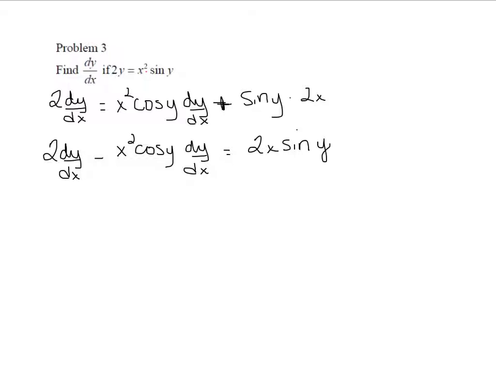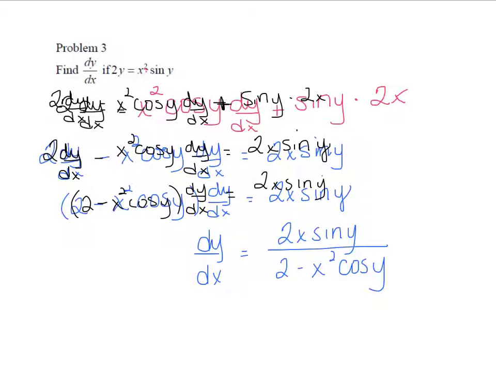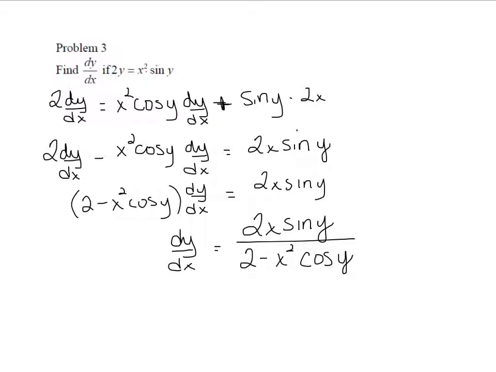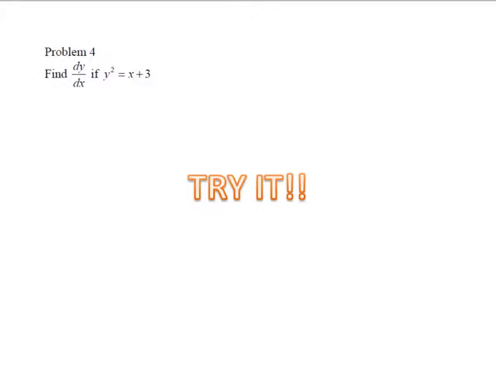I'll factor out my dy dx. Now I'm going to divide by that quantity. So now I have dy dx equals 2x sine of y, all divided by 2 minus x squared cosine of y. And again, don't make that mistake that we can cancel those 2's off. That's a quantity. We cannot change that.